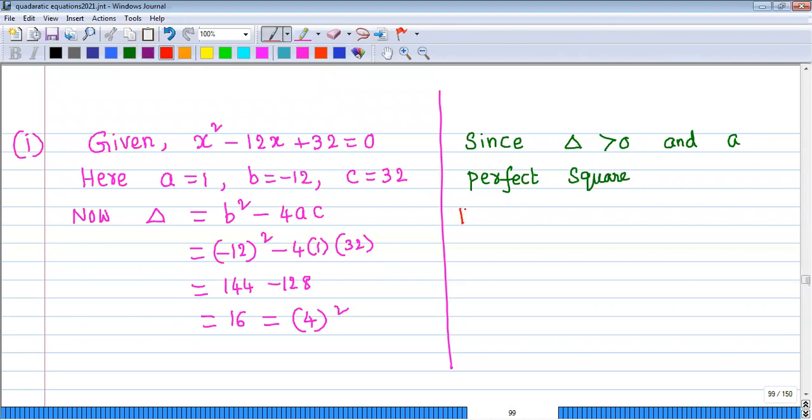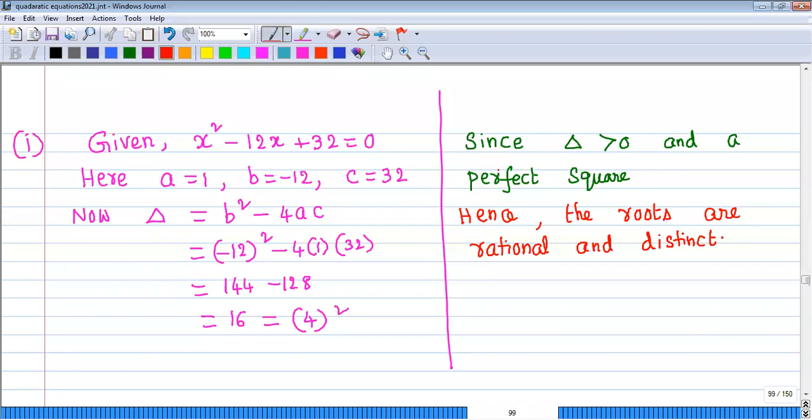So hence the roots are rational and distinct. Even you can say real and distinct also, no problem, but in particular this is rational and distinct. Shall I move to second question?